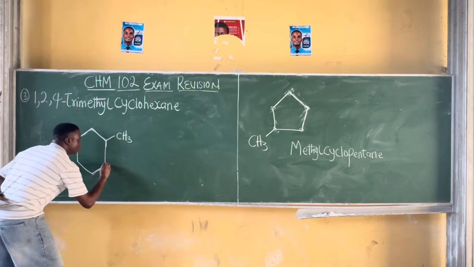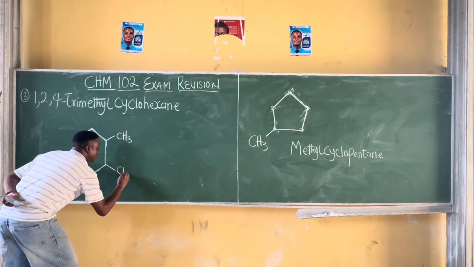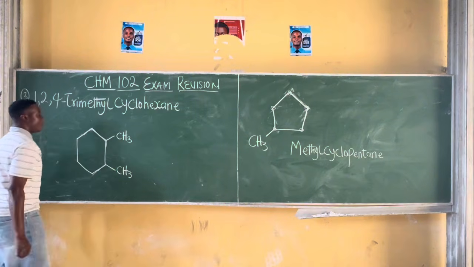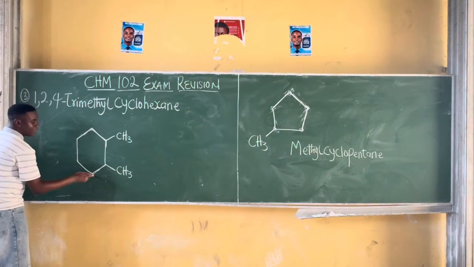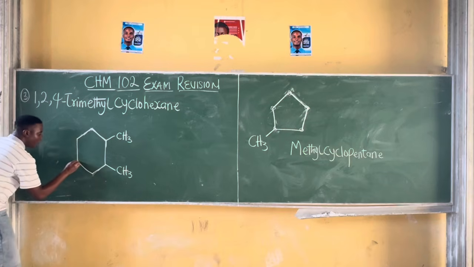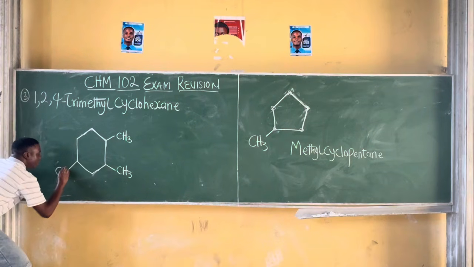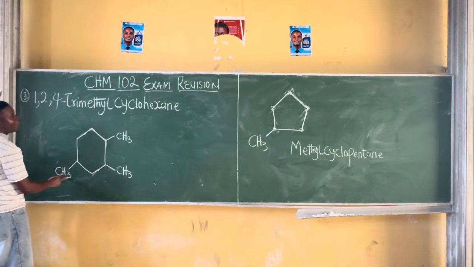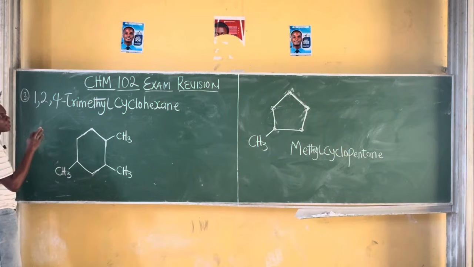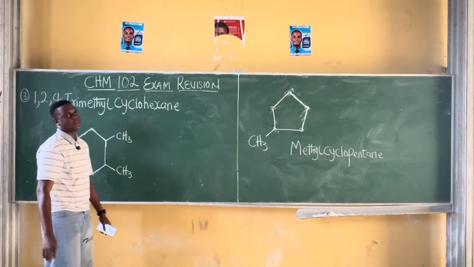This becomes position 2, again I'll put CH3. This is 1, 2, this gives us 3, then this becomes 4, so CH3. So with this on the board, I've drawn my 1, 2, 4 trimethyl cyclohexane.